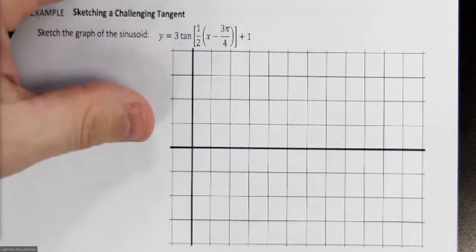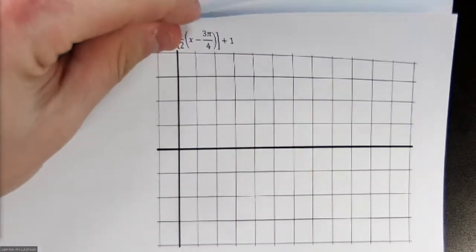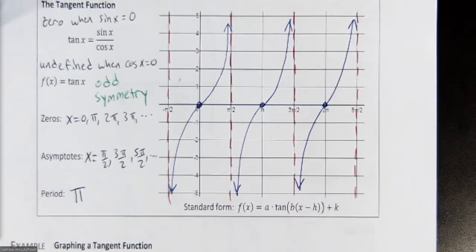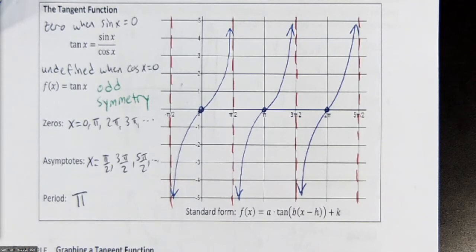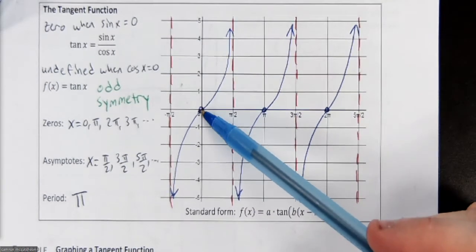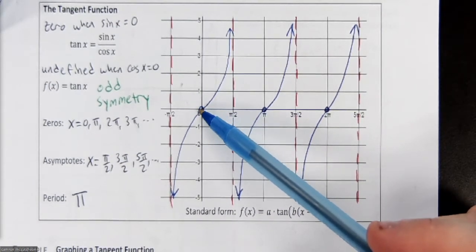You don't have to flip your paper because I'm flipping mine for you. Here's the parent tangent function. Notice when we started this question, the first thing we discussed was its zeros, and tangent happens to exist right at the origin.